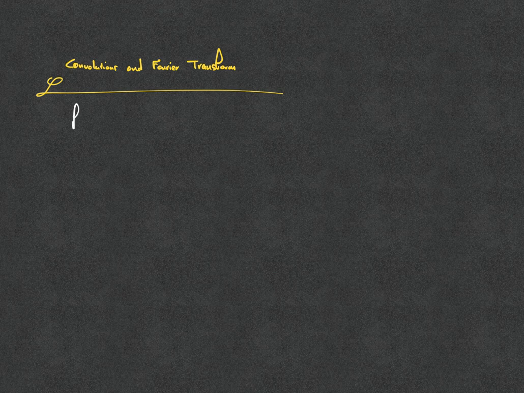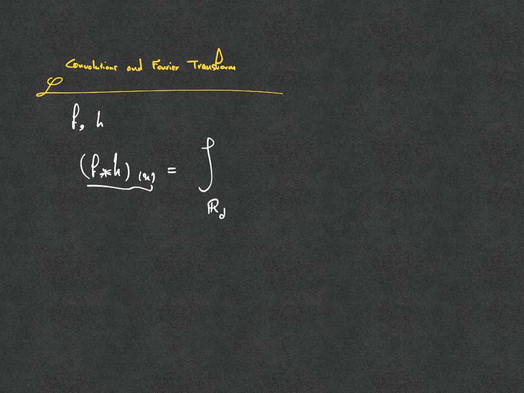Let's consider two functions f and h. The convolution of f and h at point x is defined like this. Let's consider a signal like this.